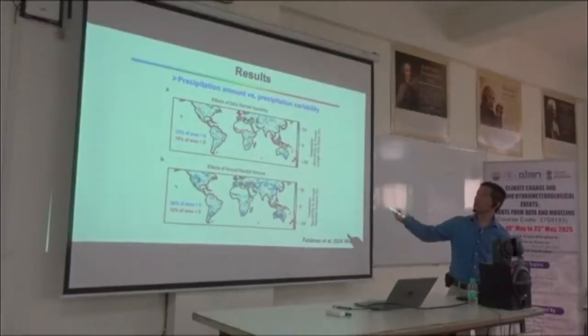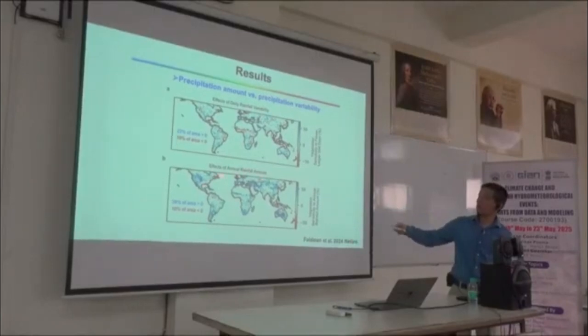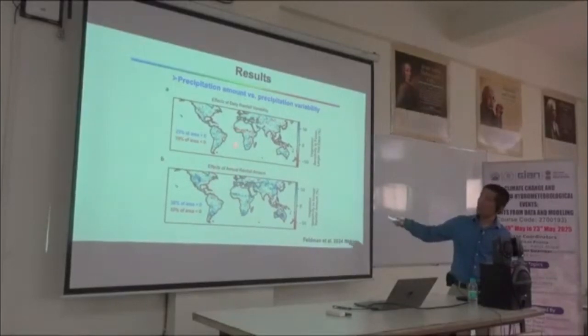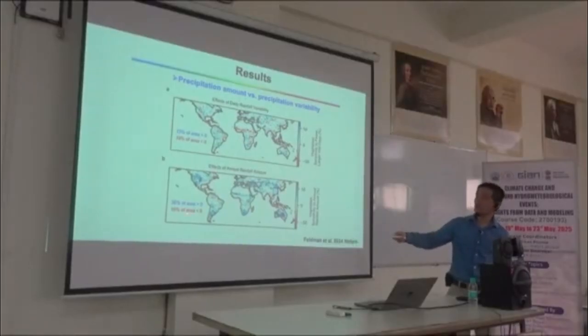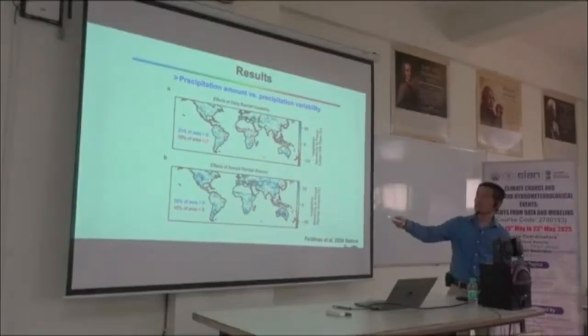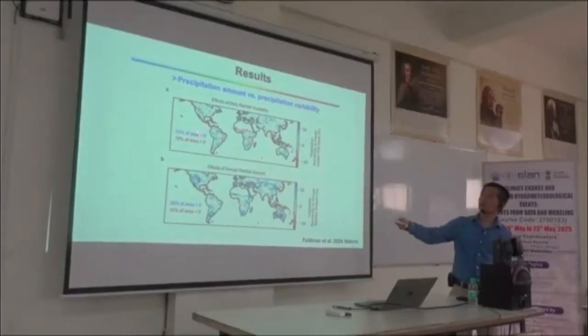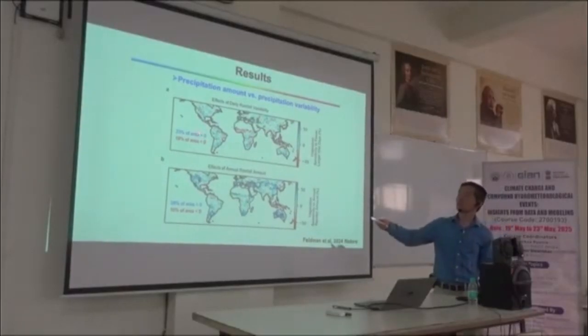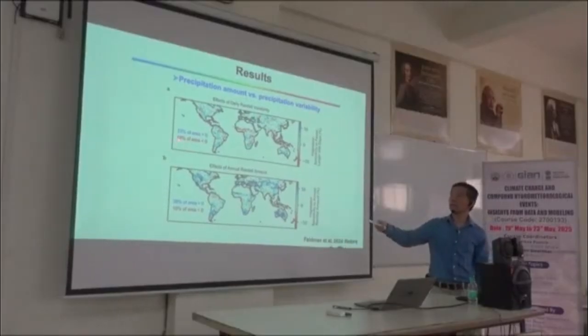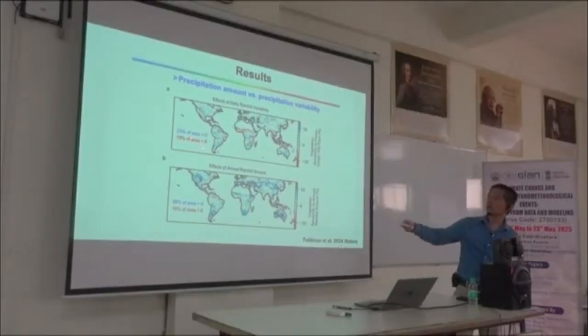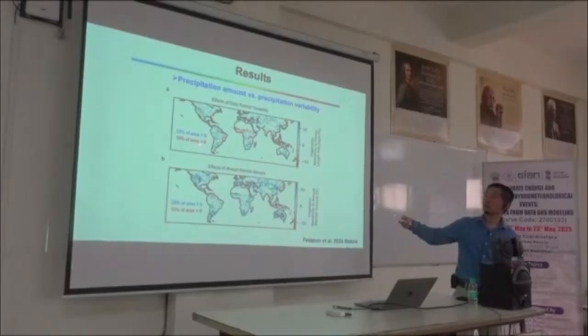If you compare the rainfall variability impact and the rainfall total amount, they are almost comparable in terms of the region they affected. Based on the numbers, 23% of the area is positively affected, and 19% of area is negatively impacted. Regardless of the exact number, we are really just talking about the magnitude.